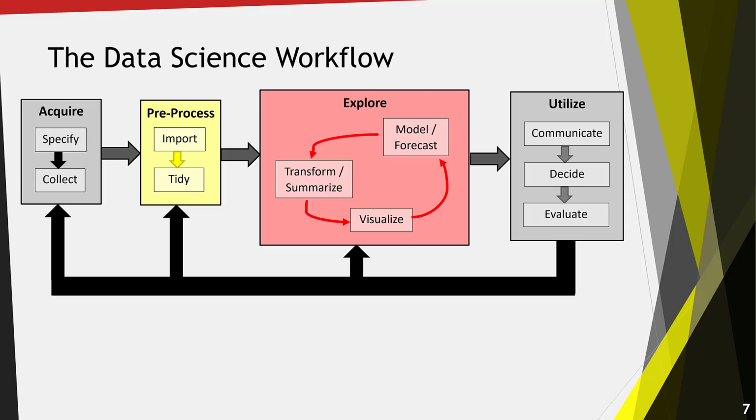But all of that is with the goal of taking those data and using them to communicate your results, make decisions, and then evaluate how well the data helped you make those decisions. And again, taking a look at this flowchart, you can see that this is an iterative process that never ends. Even after you make decisions, you want to evaluate and then reconsider every step of the data science workflow.